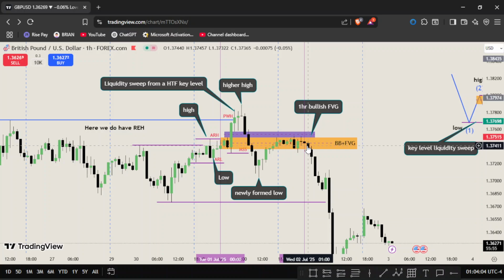It is offering entries to smart money concepts traders.